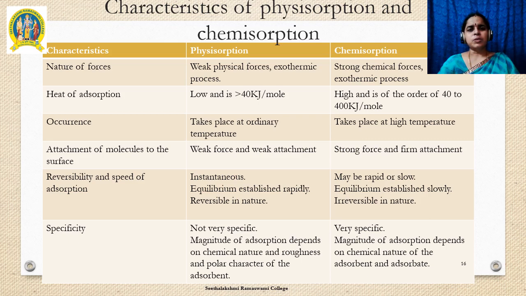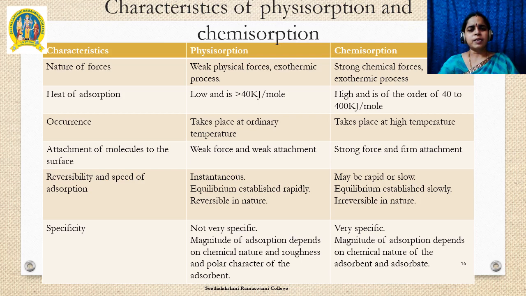Physisorption has a very low heat of adsorption, that is approximately less than 40 kJ per mole. Whereas in chemisorption, the heat of adsorption is of the order of 40 kJ to 400 kJ per mole. Physisorption takes place at ordinary temperature.